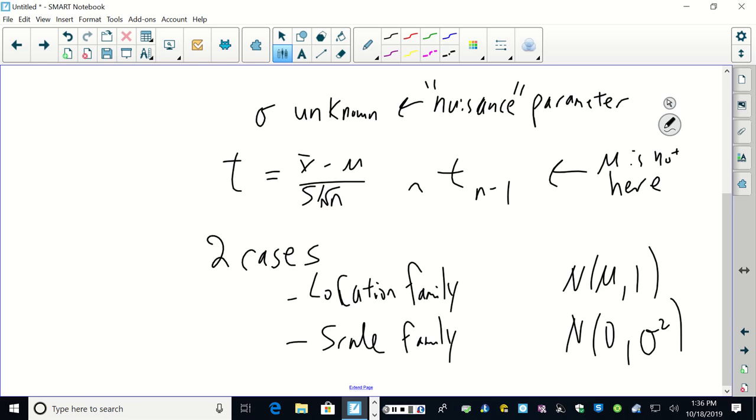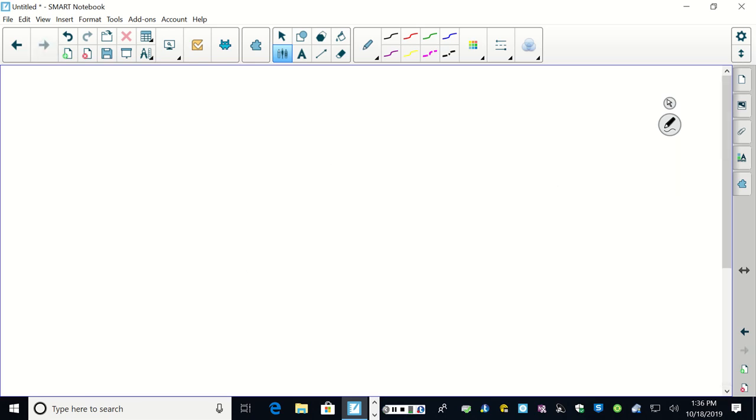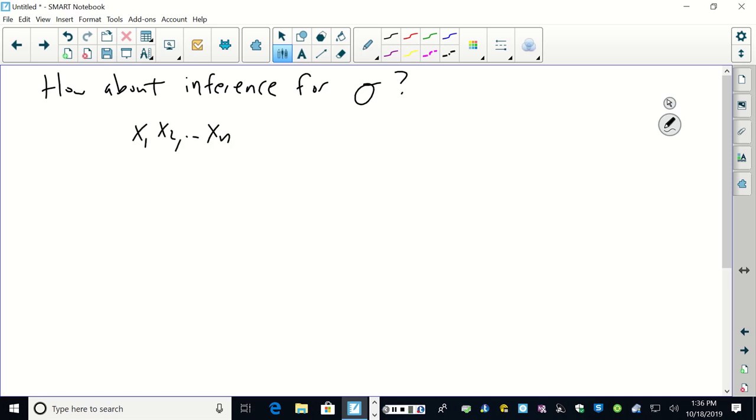So let's consider one case. How about inference for a variance or a standard deviation? So in this case, x1, x2, up to xn are going to be IID. They're independent and identically distributed.